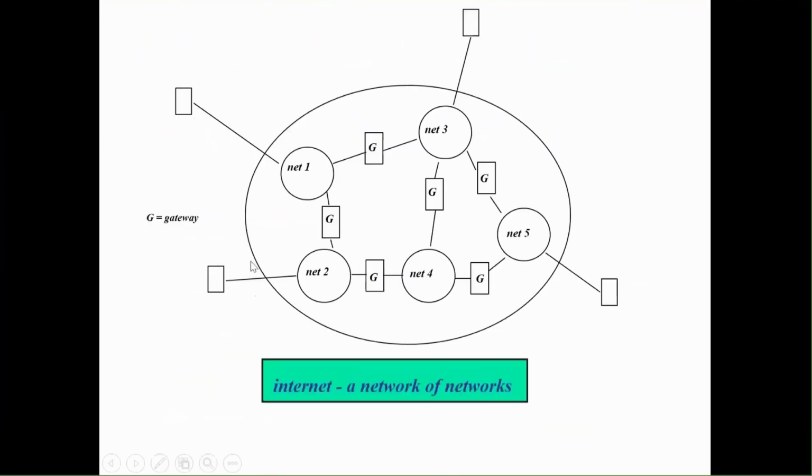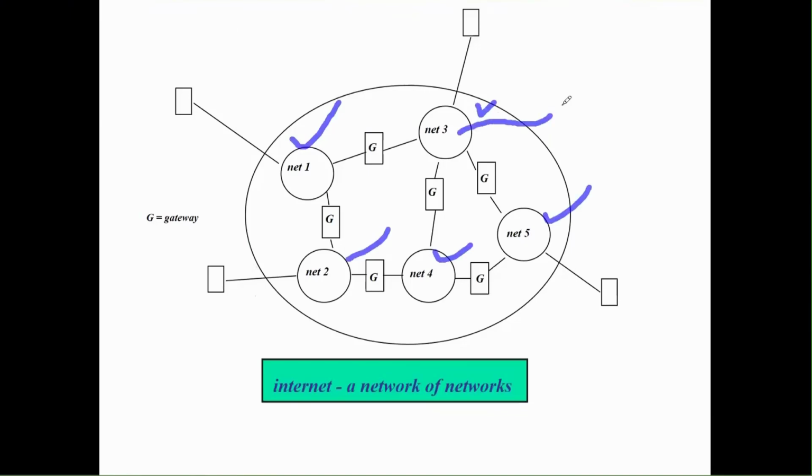So when you talk about the internet, this is a very good example of the internet, a network of networks, okay? So next week, I'll make you watch a nice video about the internet. You would really understand how it works. But typically the internet is a network of networks, okay? As you can see, network 1 connected to a network 2, network 3, 4, 5. These are all networks.